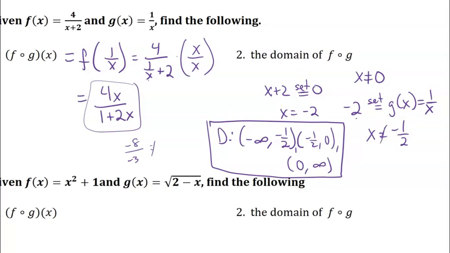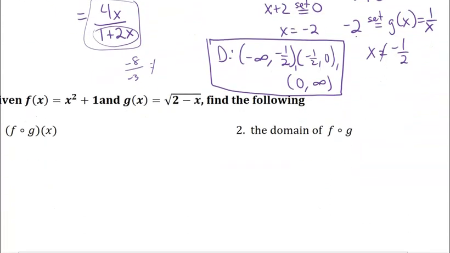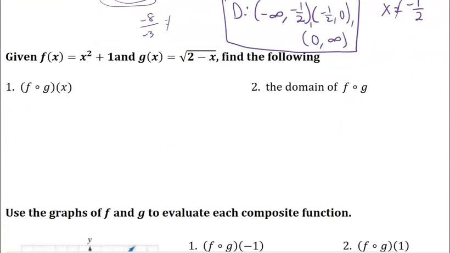Okay, so negative 2 is fine. However, if I plug in negative 1/2, that makes my new denominator 0. Okay, and that I can't have. Okay, and then also I can't have 0 because of the original 1 over x issue. Okay, so let's do another example of this, and then we'll do some compositions from graphs.